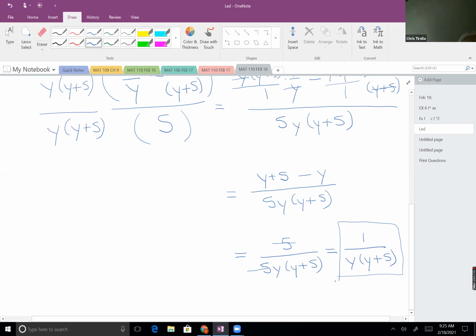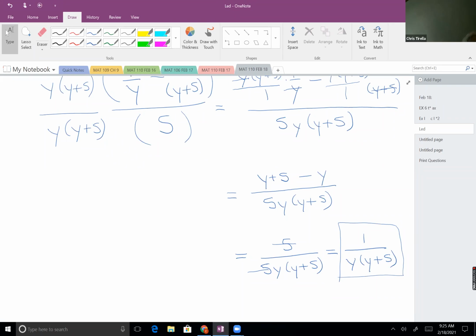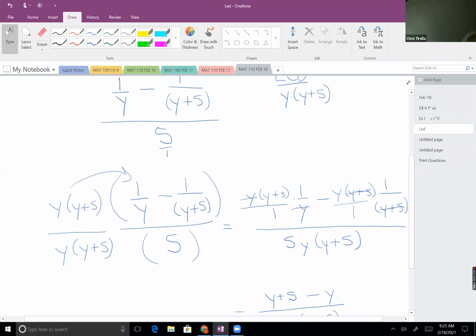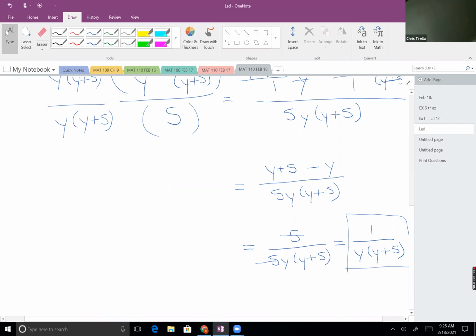And doesn't that look a lot more simple? When we simplify it, doesn't that look a lot better than what we started with? Any questions?